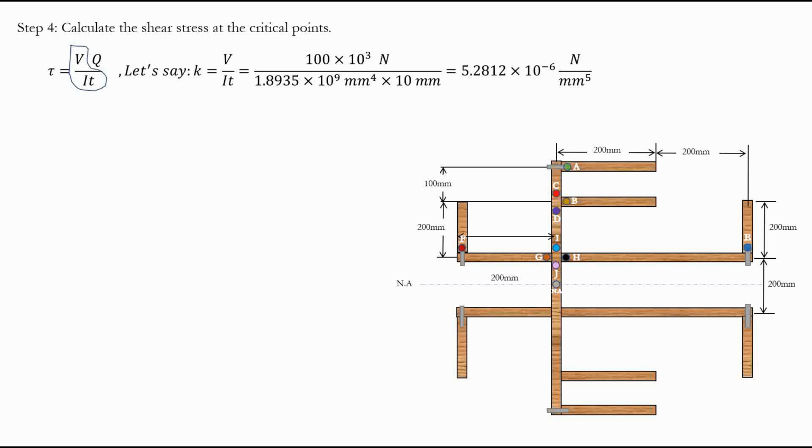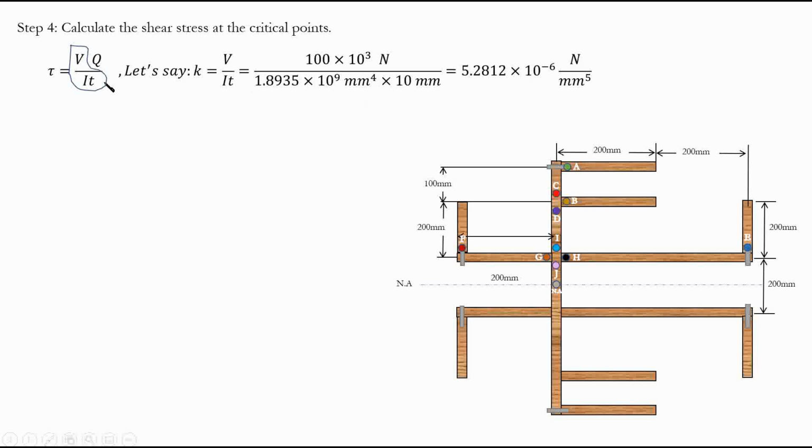But there's a very good step to add to this. What is that step? Instead of just using a calculator every time, saying 100 times 10 to the power 3 multiplied by Q divided by I and T, we know that for this question all of these are the same. We have the same V, the same T, and the same I. So all of these are constant.